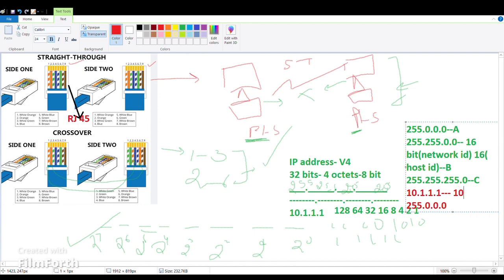So I can have 10.2.2.2, and the subnet mask for this should also be 255.0.0.0. Why? Because it should lie in the same network. Thank you very much.